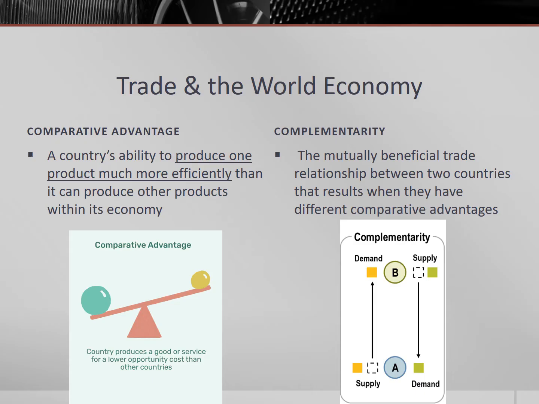The other major aspect that is required for trade is complementarity. Complementarity refers to the mutually beneficial trade relationship between two countries that results when they have different comparative advantages.